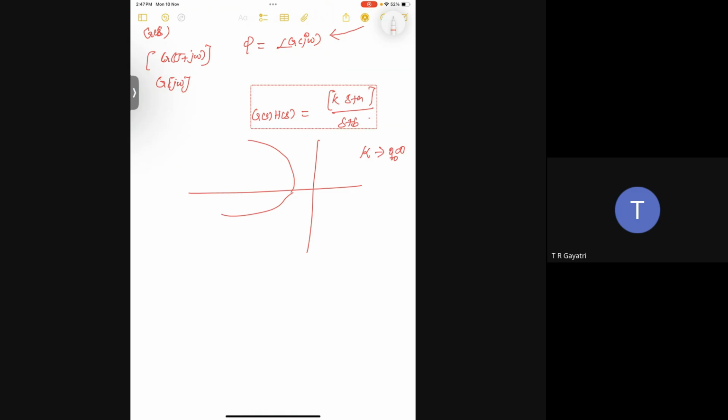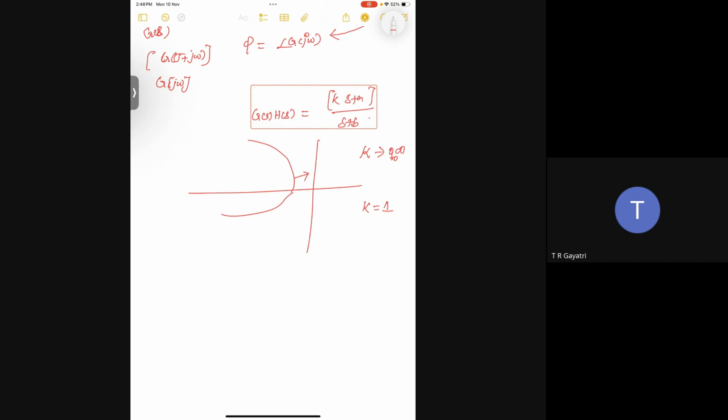Whenever I want, for example, if I put k equal to 1, I should be able to get where the closed loop poles will be from the root locus itself. I don't want to calculate the closed loop transfer function explicitly, because calculating the closed loop transfer function for a second order system would be fine, but for higher order systems it will be very difficult and computationally very time consuming.